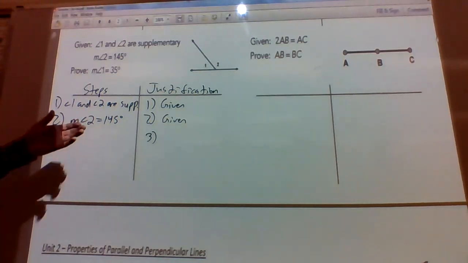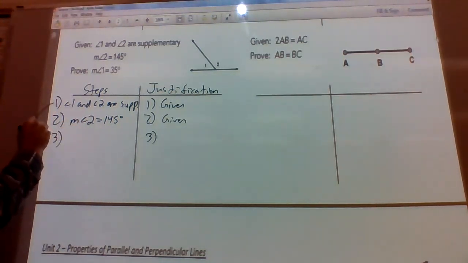Well, what do we know about supplementary angles? We know supplementary angles, their measures add up to 180 degrees. That's the definition of supplementary angles.